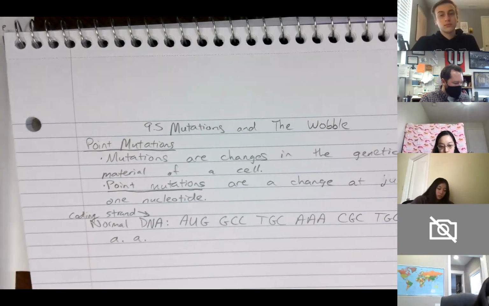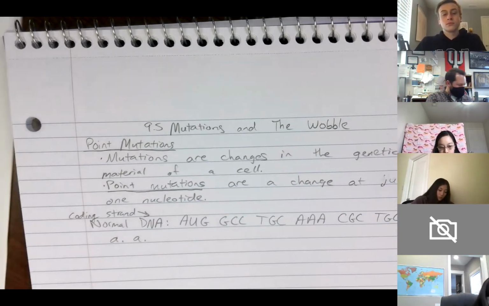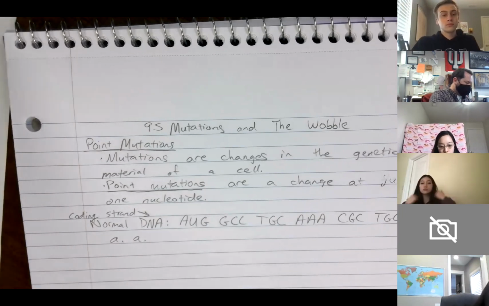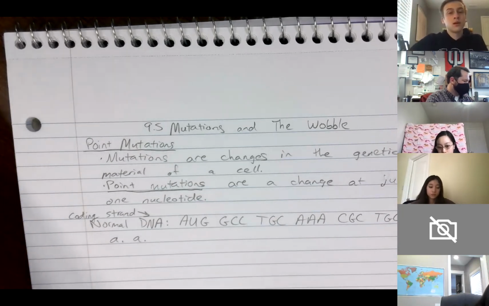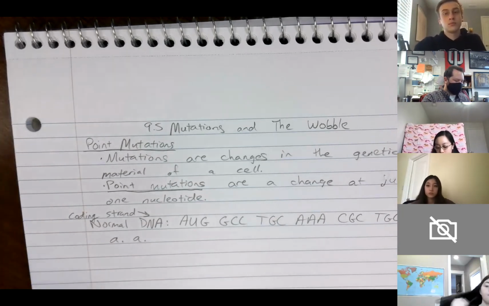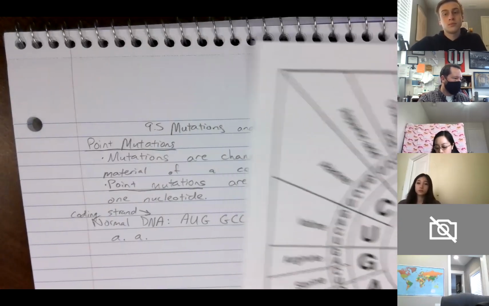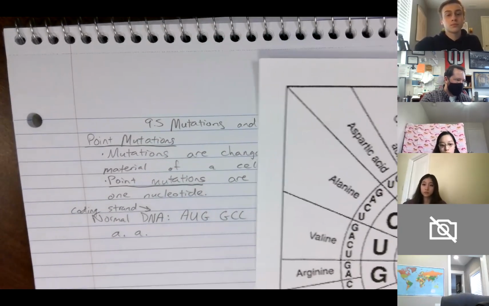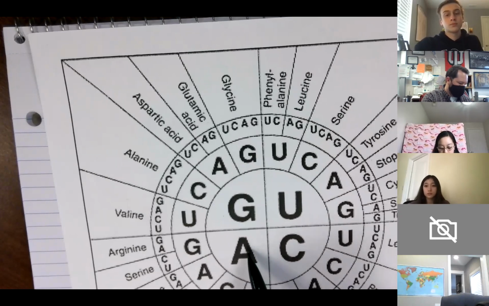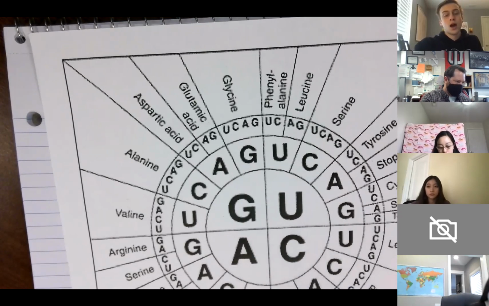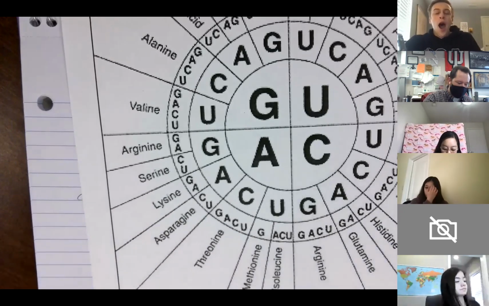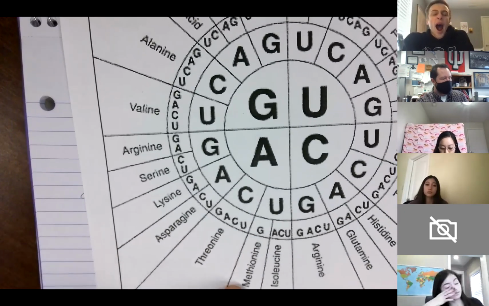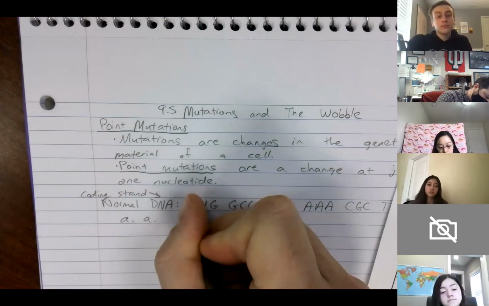All right, so here's our DNA coding strand. Here's our coding wheel. So A, U, G, methionine. Again, that's good. That's our start codon. Just have to write the first 3 letters, M-E-T.